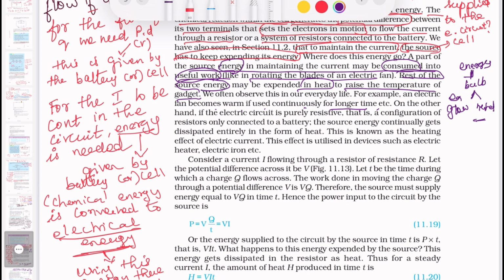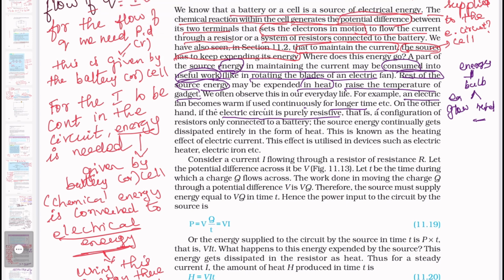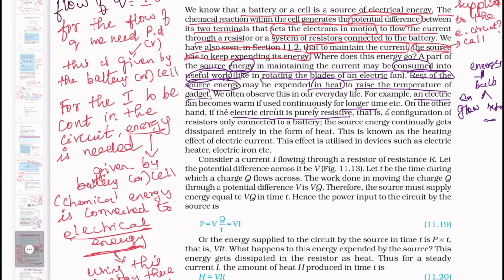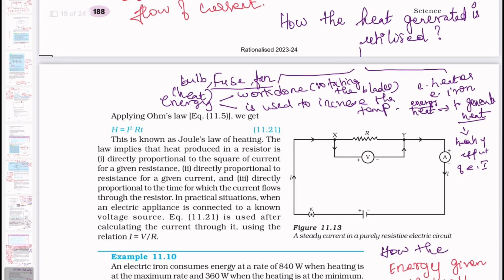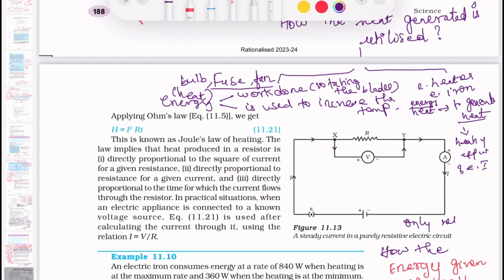So now what happens in an electric circuit which is purely resistive? Just look at this circuit which is given in figure 11.3. Here you could see that only resistors are used, no more the electrical bulb.